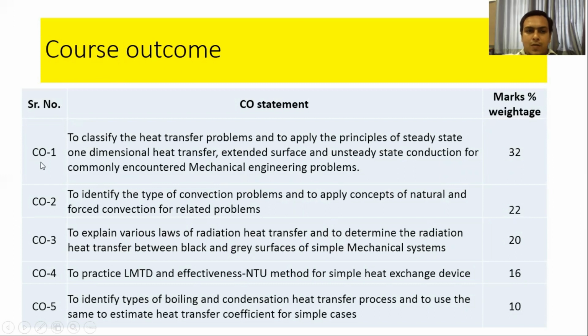The course outcome means that after attending this course, the student will be able to classify heat transfer problems and apply the principles of steady state one-dimensional heat transfer, extended surfaces, and unsteady state conduction for commonly encountered problems in mechanical engineering. It means it is directly related to unit number 1.